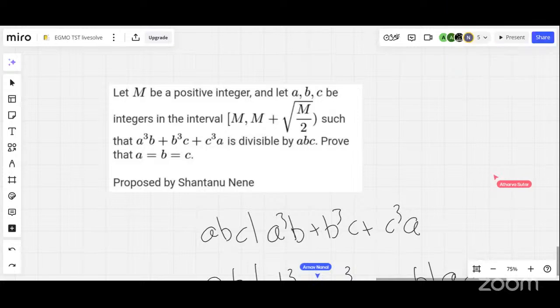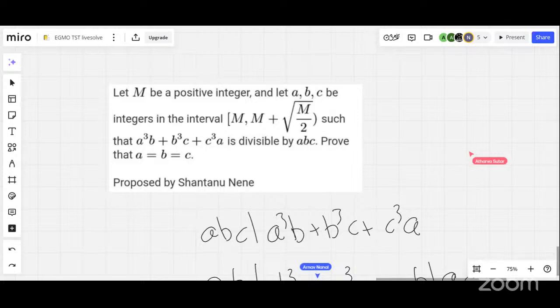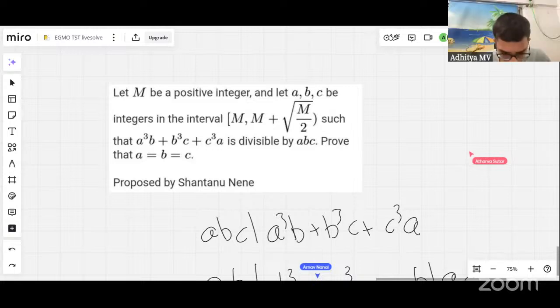I think what we can do is show that maybe not the entire ABC, but say just ABC divides some expression, and the expression has some minus signs in between. Here, the point is A cube B plus B cube C plus C cube A is just too large. But if we take something else with minus signs in between, we show it is small because the numbers are very close to each other.